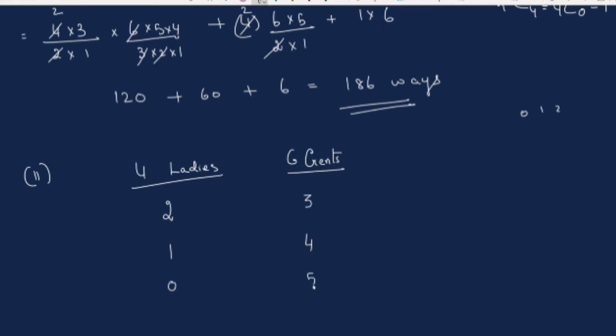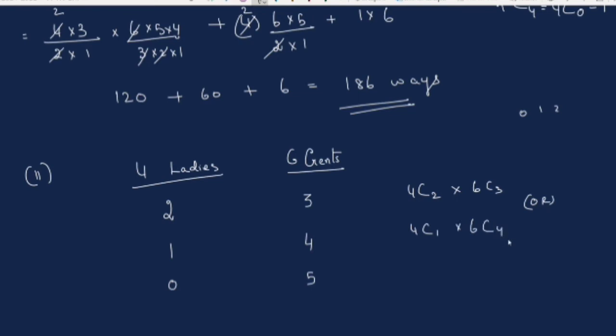So now what are the various possibilities? From 4 we are selecting 2. There are 4C2 ways. And is "and" here. You have to select 2 ladies and 3 gents. And means multiplication. 6C3. Or what is the other possibility? 4C1, from 4 we are selecting 1. 4C1 into 6C4.